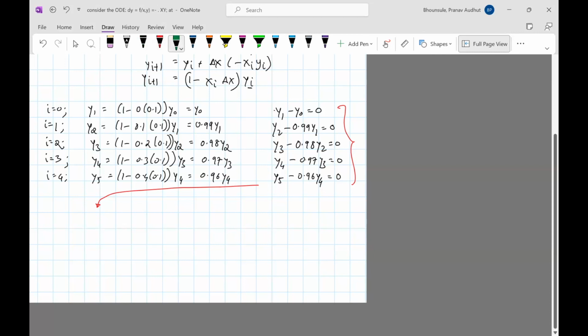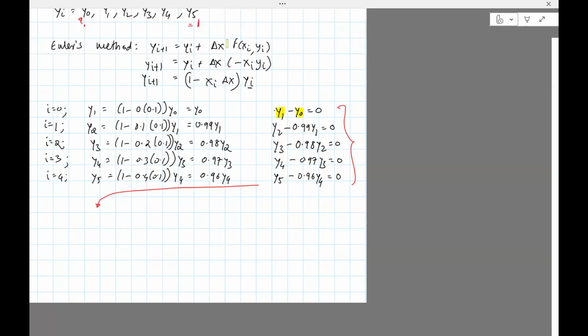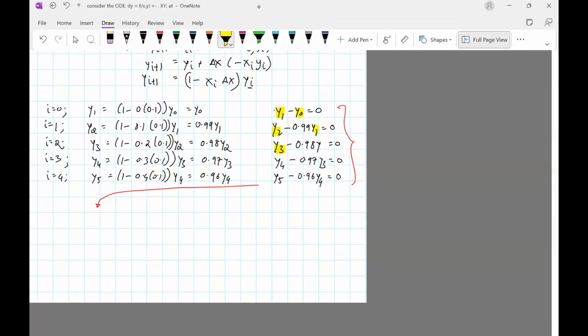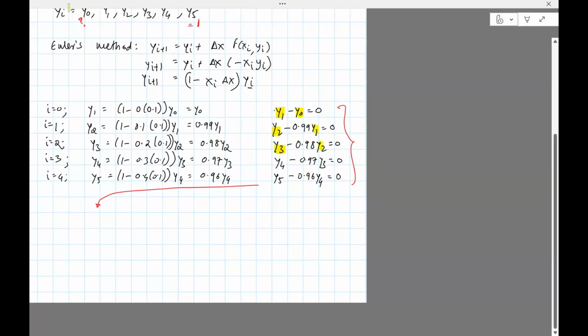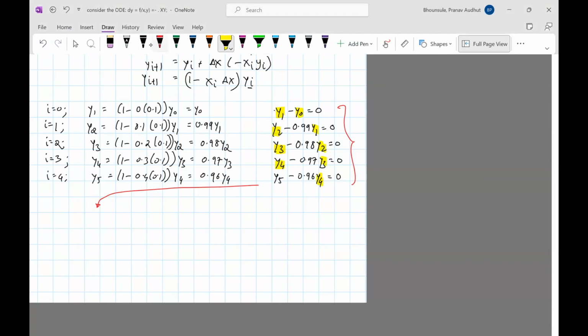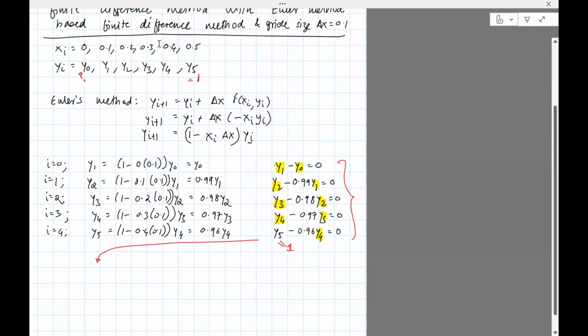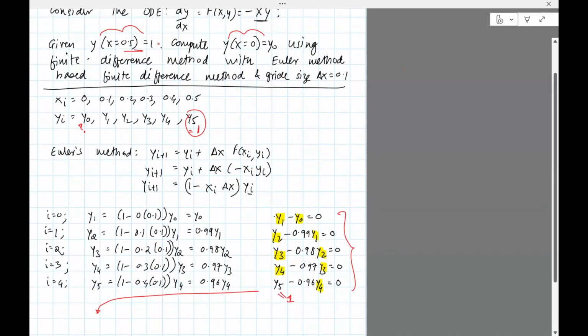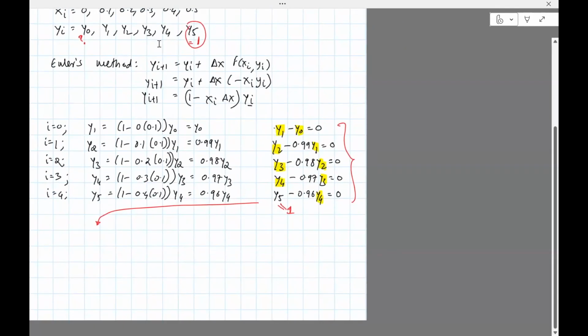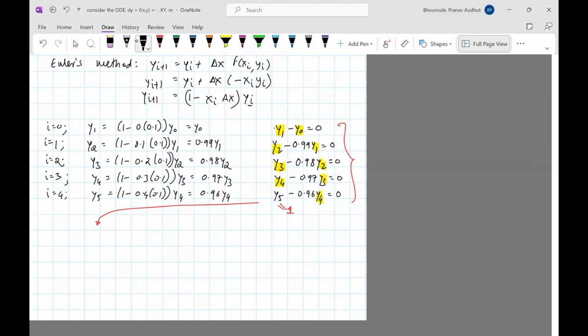We have y0, y1, y2, y3, y4, but y5 is known, right? y5 is equal to 1. It's given here, it's also given here. So y5 is not an unknown. So we'll set up 5 equations, but only y0 all the way to y4 would be unknowns.